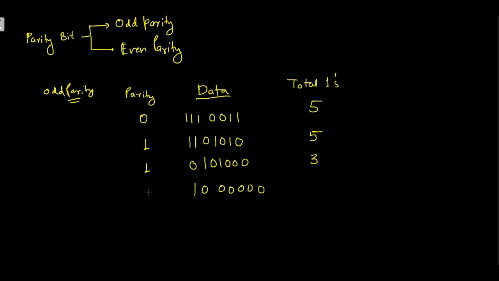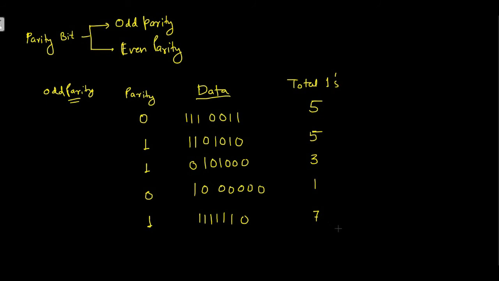So there is a requirement of parity 0. So this is an odd parity. Here there are 6 ones, which is even. To make it odd we add parity 1, so the total ones become 7. So these are the examples of odd parity.